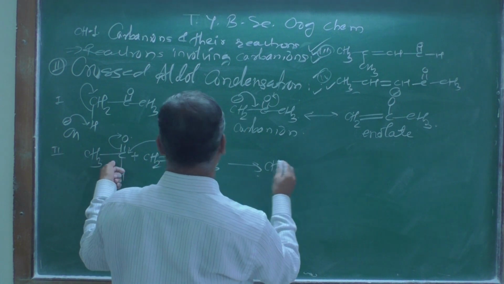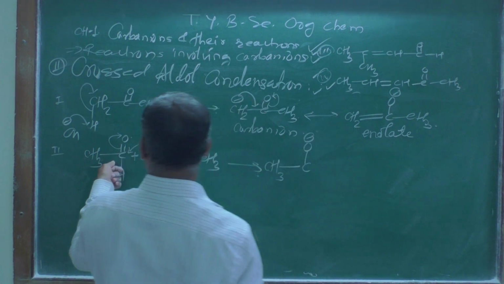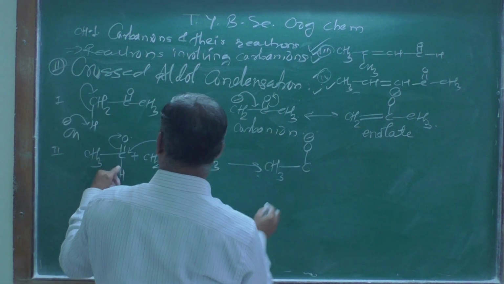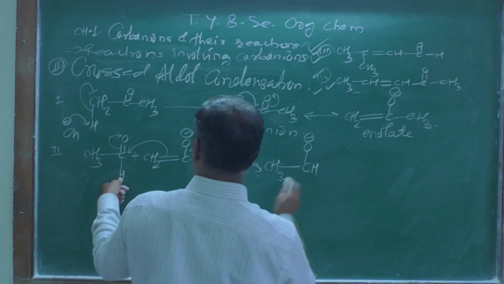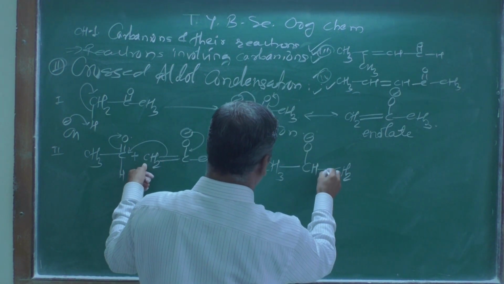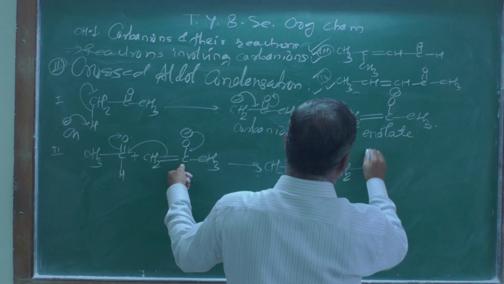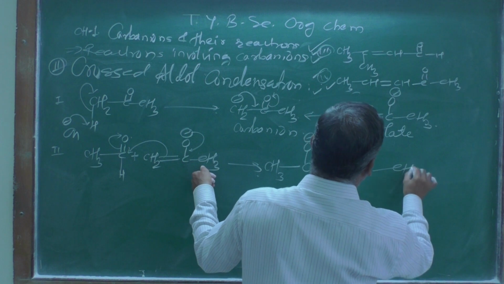Observe this mechanism carefully, because as we know, organic chemistry is very volatile. Now this hydrogen atom I am writing here, and now a new carbon-carbon bond is formed over there, and now here C double bond O, and this methyl group as it is.